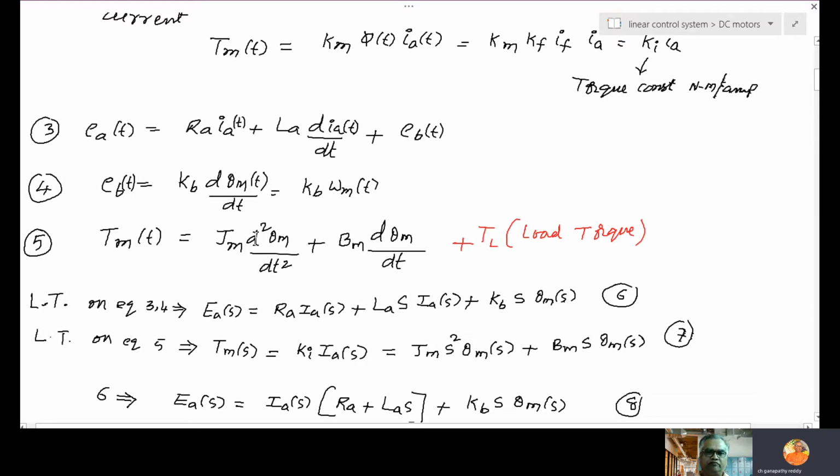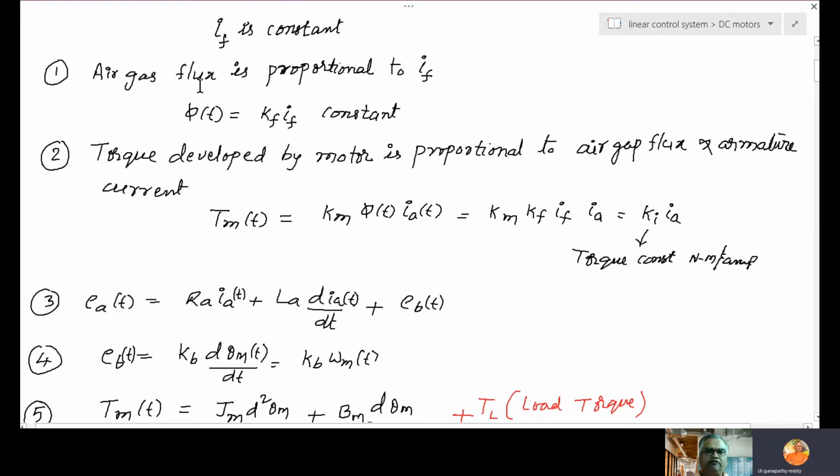So Jm d square theta m by dt square. Under no load condition, these two things it has to run. If it is loaded, there is TL, load torque, which is added once some load is applied on the pulley. For the time being, we are finding only the no load condition. At the end, I will discuss this.